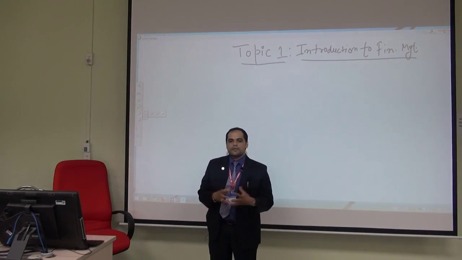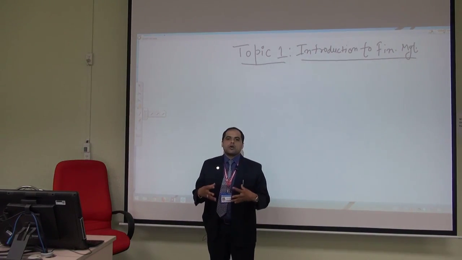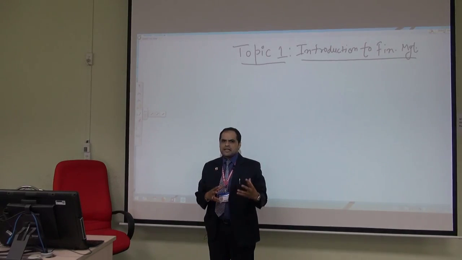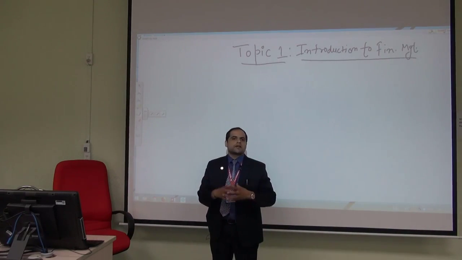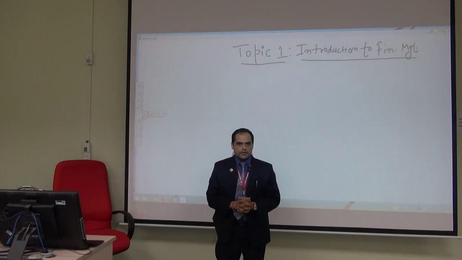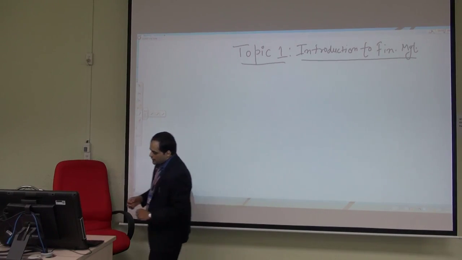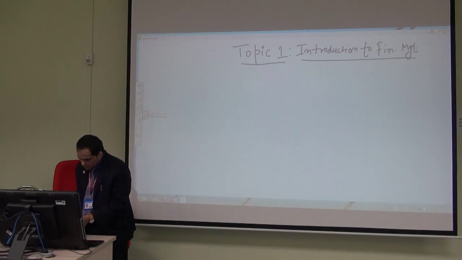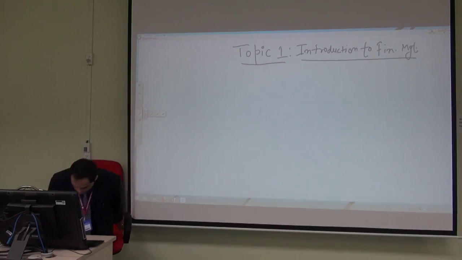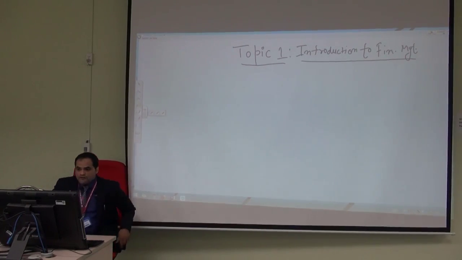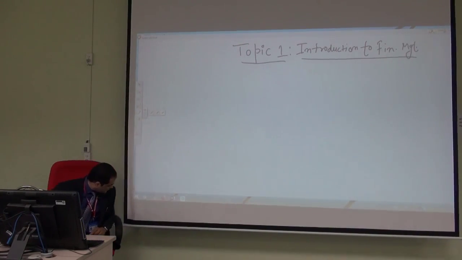So what does corporate governance mean, and why should we have corporate governance? In corporate governance, we will mainly talk about the agency problem. Right? So we start with the first learning outcome, which is the meaning of finance.